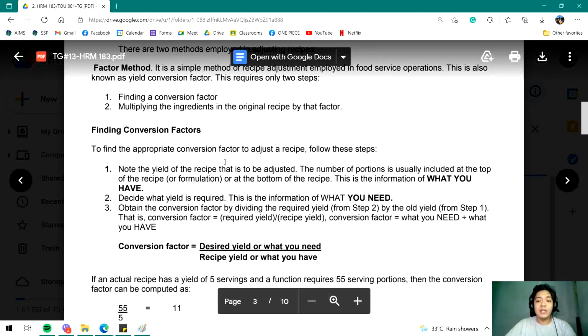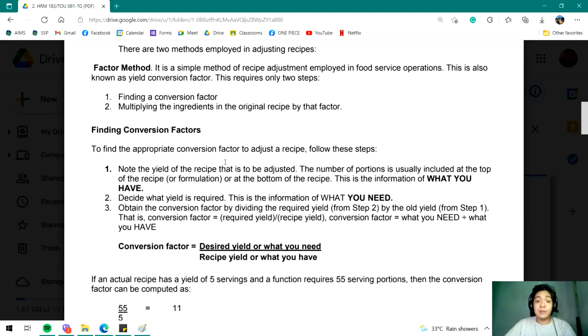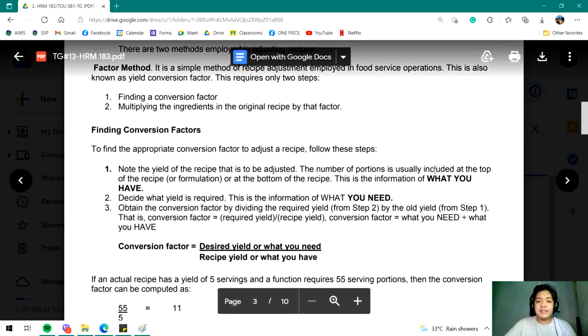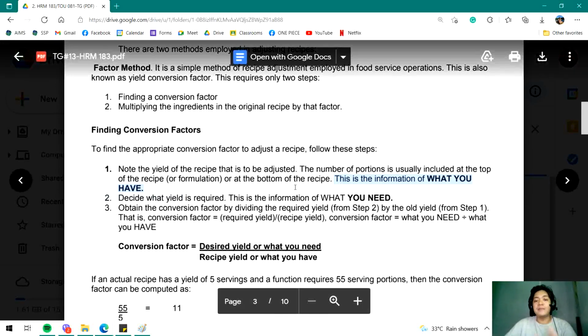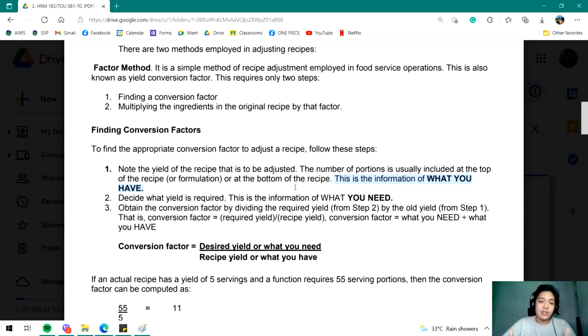And here is what we will do in order to find our conversion factor. In every standardized recipe, there is already a specific number of portions na kayang i-produce ng recipe na yon. That information is what you have in your standardized recipe, kung ilan yung kayang i-yield ng current recipe na meron ikaw. Next, you have to decide what yield is required, o kung gaano karami ang kailangan mo na yield.